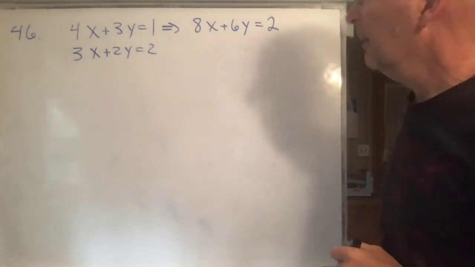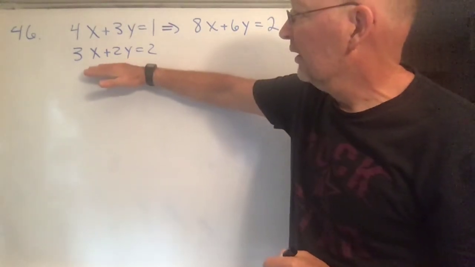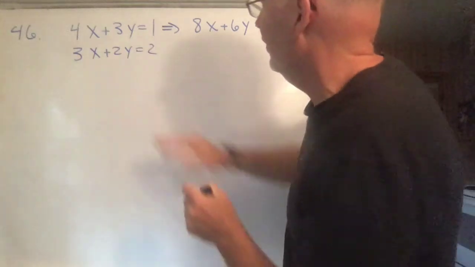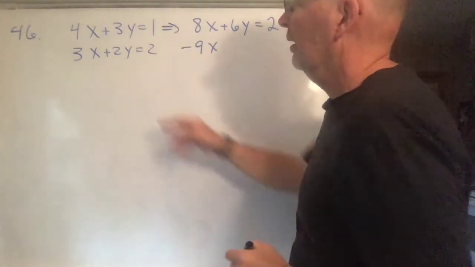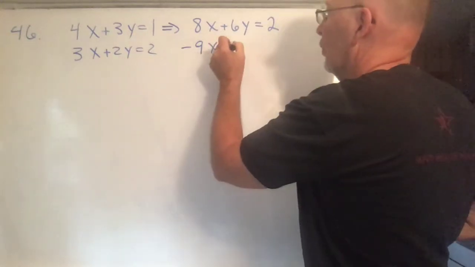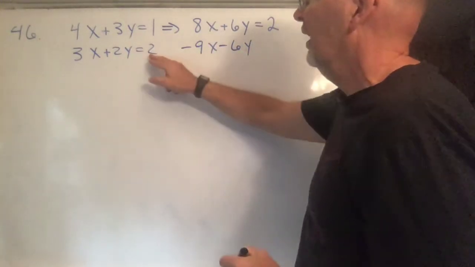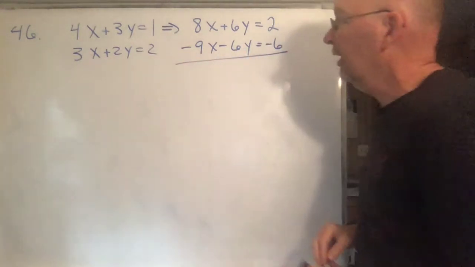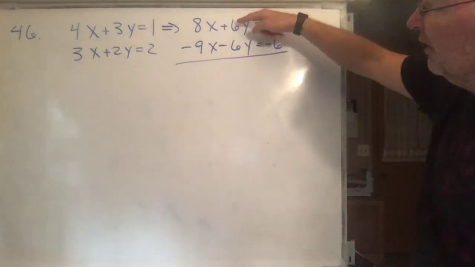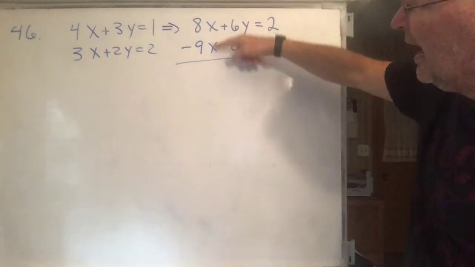See that? And I'm going to multiply this equation by a negative 3. It's going to be negative 9x, negative 6y, and negative 3 times 2 is negative 6. See that?